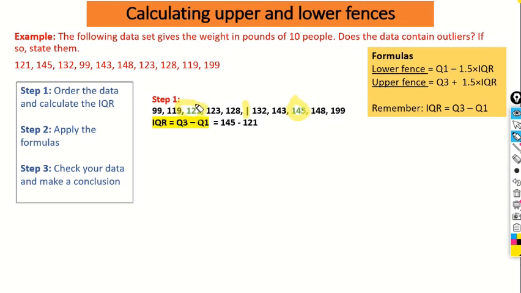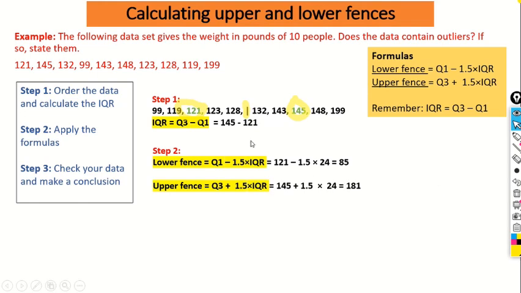My interquartile range, or my middle 50% of data, is given by that Q3, which is 145, and then we take away that Q1, 121. So this IQR works out to be 24.